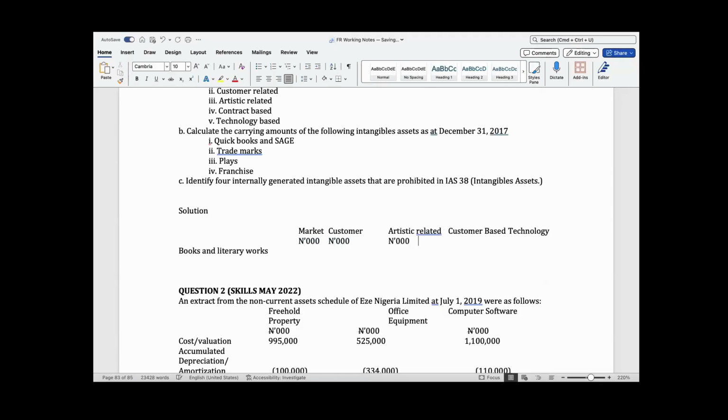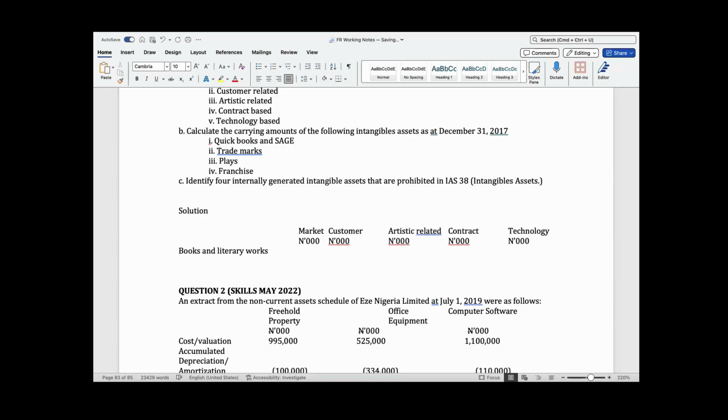It's just the heading I want to talk on. The customer base is contract based. Yes, thank you. So to me, books can be markets.